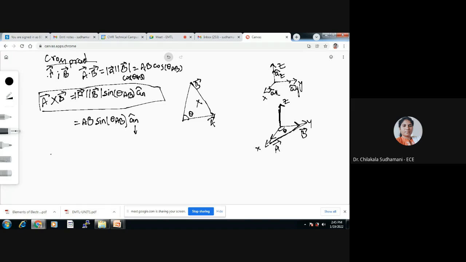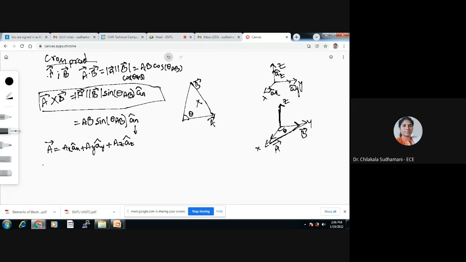So for the cross product, if the vector A is given as AX along the x-axis, its magnitude is AX and direction is given by AX cap, plus AY along the y direction, the component magnitude value is AY and direction component is AY cap, plus AZ, the magnitude component along Z direction, with AZ cap as the direction component.